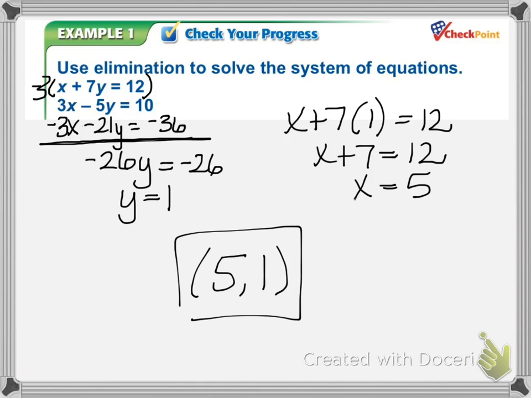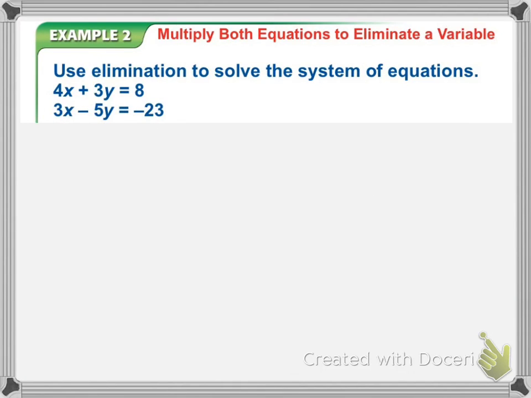All right, so now we're going to kick it up a notch. And notice that with this particular system, I don't have anything that matches necessarily, so what I'm going to have to do is multiply both of those equations by something in order to get terms to cancel. Now, the beauty about this particular process is that you can choose to cancel the x's or you can choose to cancel the y's.